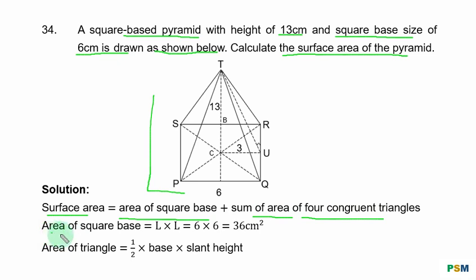Area of square base is equal to length times length, and that is 6 times 6 equal to 36 square centimeters. Area of triangle is equal to half times base times slant height.